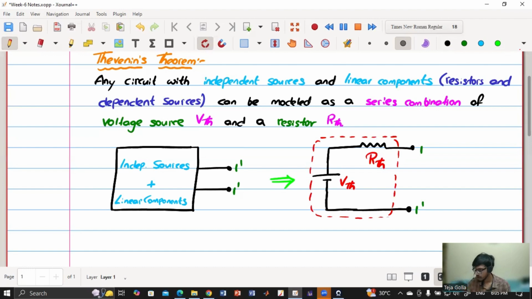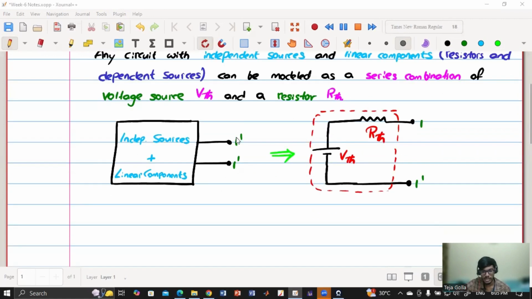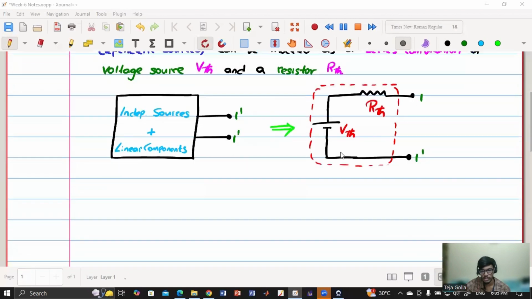The entire complicated circuit can be modeled as a simple circuit with one voltage source and one resistance. If something is connected here, we can just use this circuit because it is very simple, with only two components. Here it can be n components, 10 components, 100 components, but it can be formulated like this.